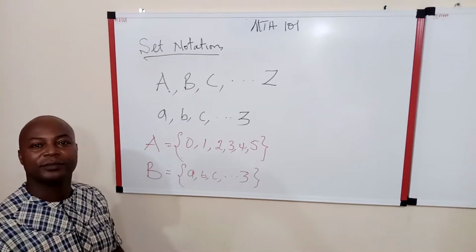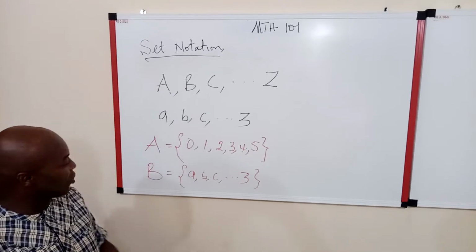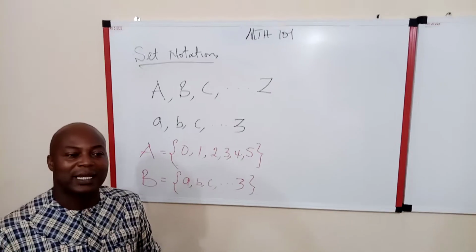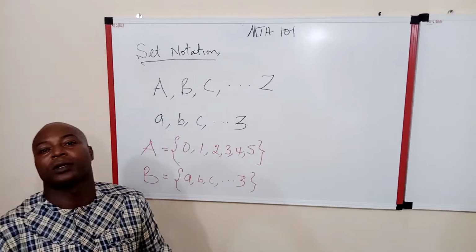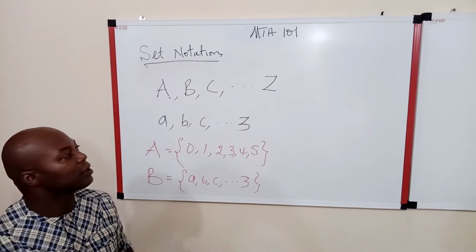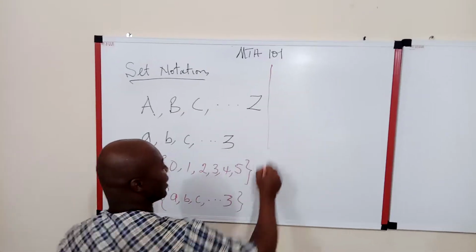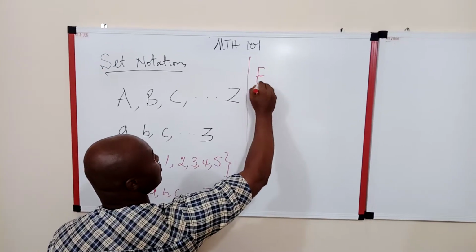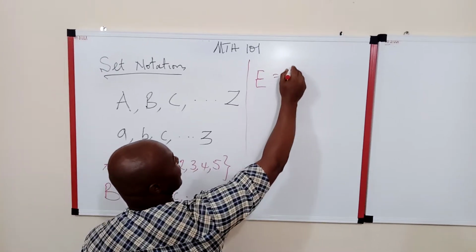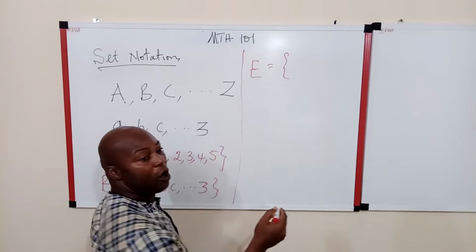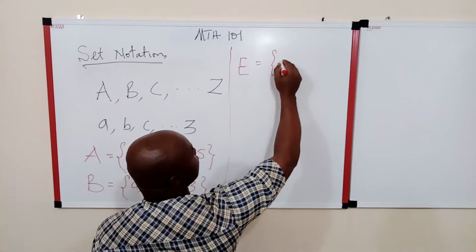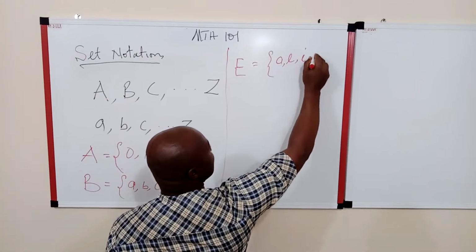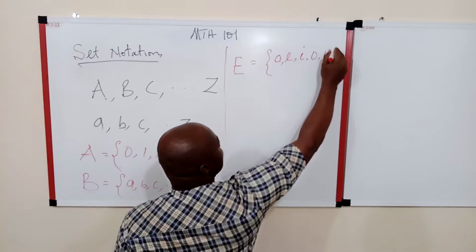We can also consider another set that consists of a collection of vowels, and let that set be E. Therefore, that set will be the collection of all the vowels: a, e, i, o, u.